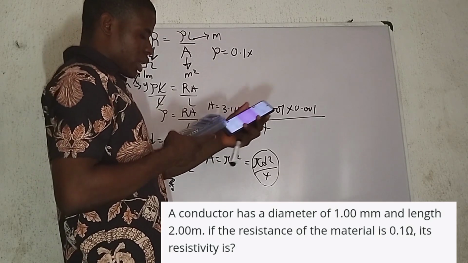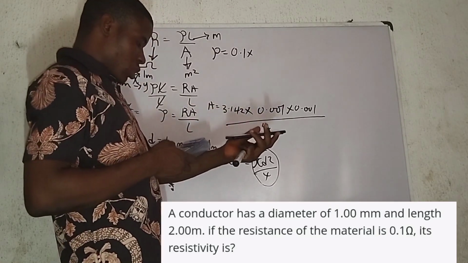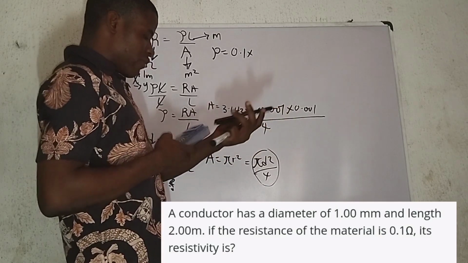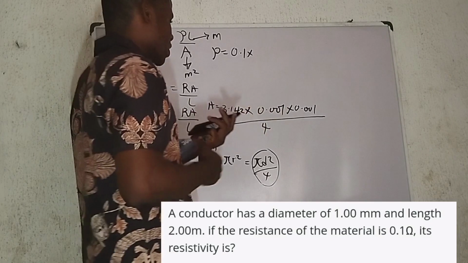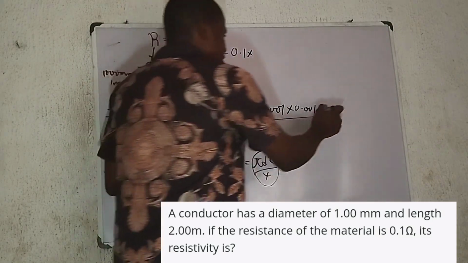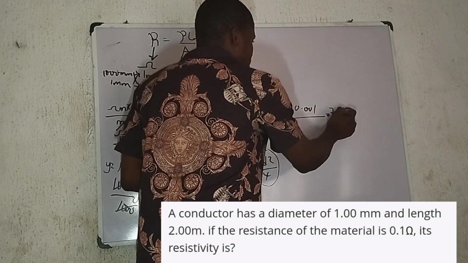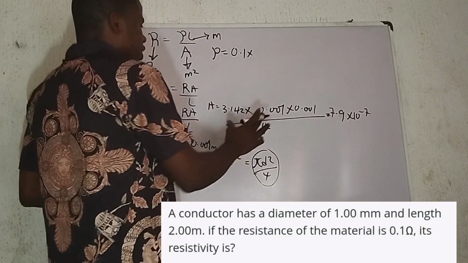It will give you 3.142 times 10 raised to the power minus 6. Now I'll divide everything by 4, which will give you 7.855 times 10 raised to the power minus 7. So the area is, let's say, 7.9 times 10 raised to the power minus 7. So we've gotten the area, right?